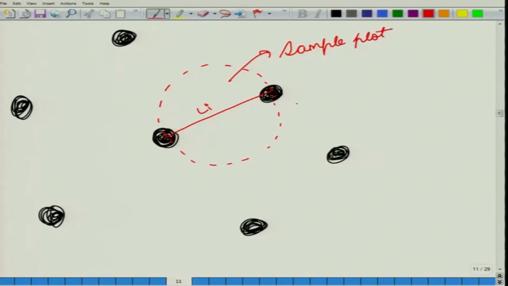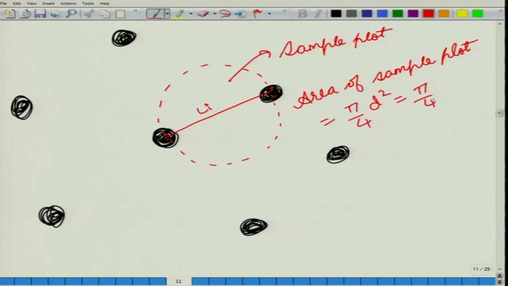Now, what is the area of the sample plot? Because it is a circle, it is given by pi by 4 d square, which in this case is pi by 4 Li square. Now, what is the number of trees in this sample plot? Here we have this portion of a tree, which is roughly half a tree, and here also we have half a tree.